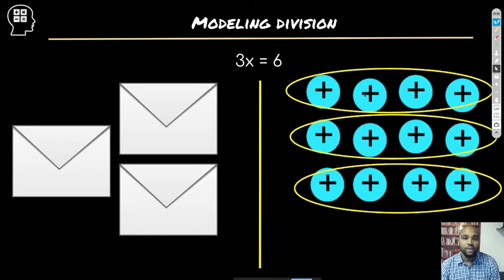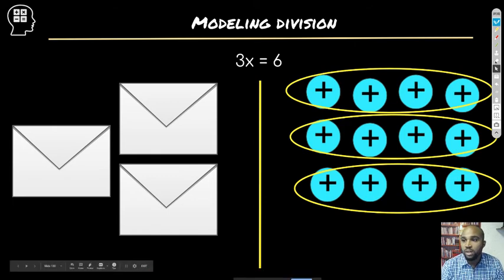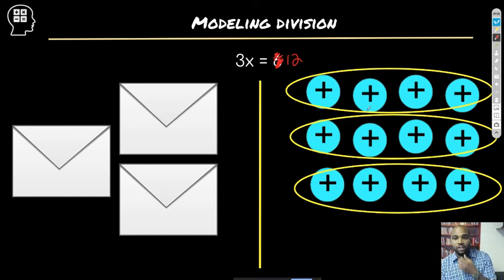But either way you divide it, if you divide it into 3 equal parts, you're going to get 4 in each part. So that tells me each envelope can hold 4 counters, which is a value of 4. This is not the right number. This should be 12. I just realized that. This is if I had 3x equals 12, not 6. So if I divide that 12 into 3 parts, it gives me 4 each. Sorry about that.